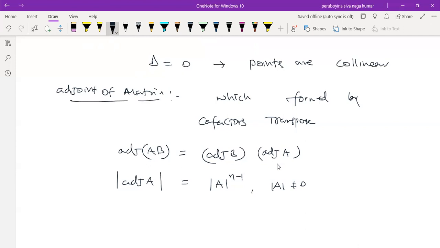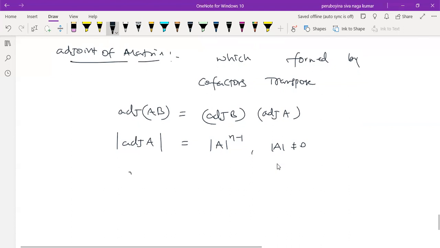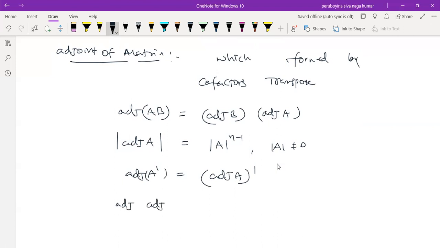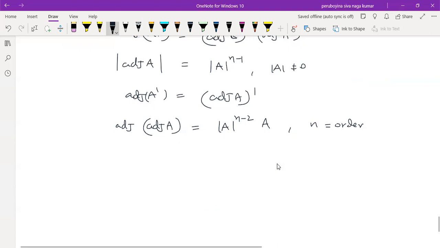And the adjoint of A transpose, adjoint of A dash is equal to adjoint A whole dash. Adjoint of adjoint A is equal to det A power n minus 2 into A, where n is the order of the matrix.